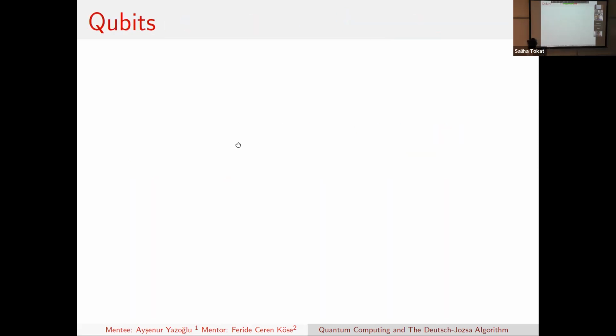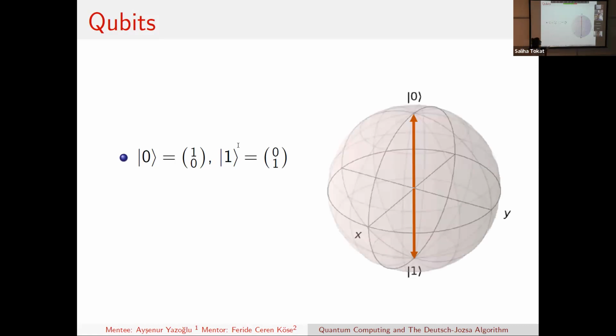So qubits, we show qubits with state notation. This is state 0, and this is state 1. We also can visualize them on the Bloch sphere. Here you can see both of them. This is also our basis state we're going to use today to make calculations on.